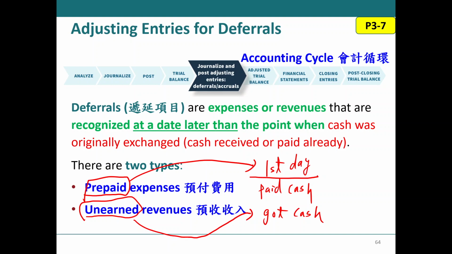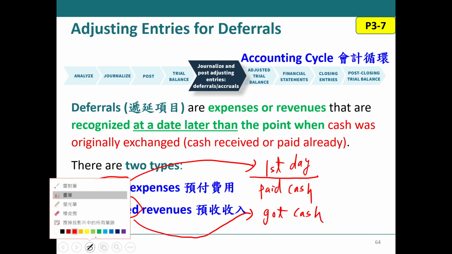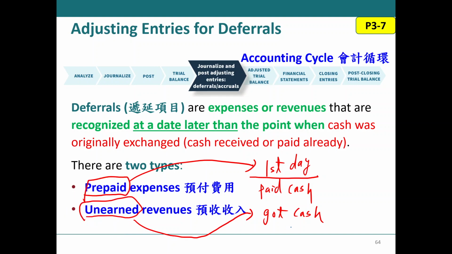So it means for all of these transactions, we recorded them already.